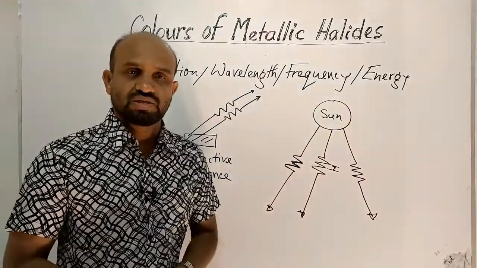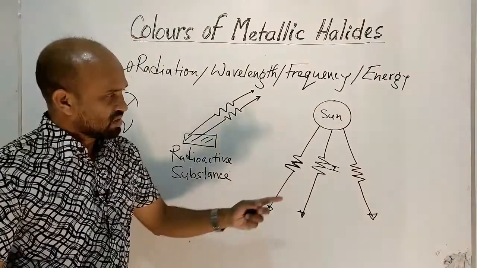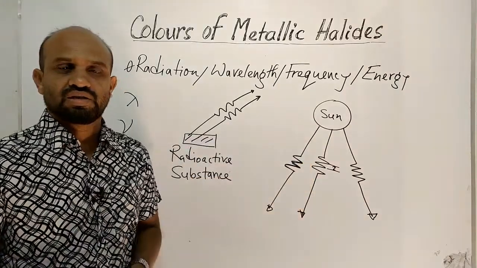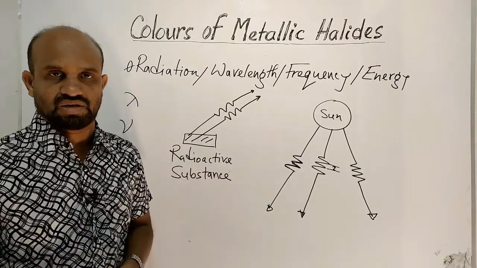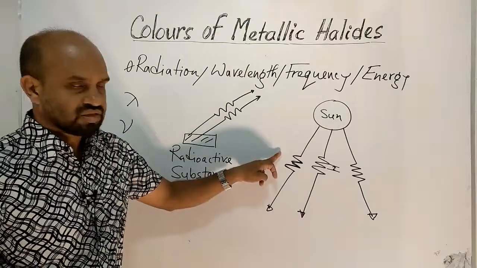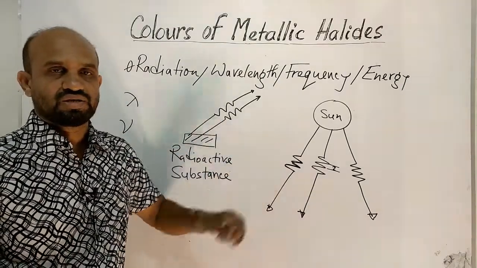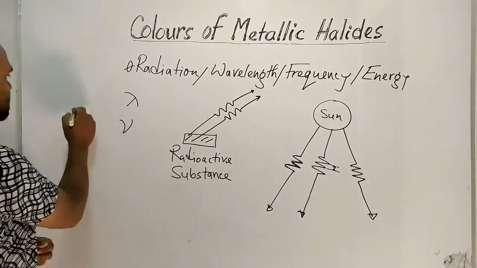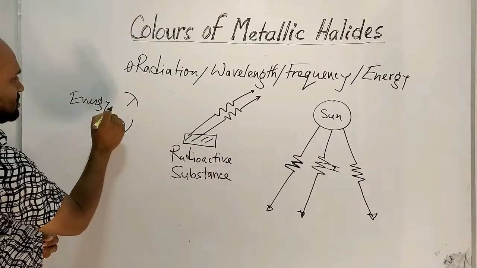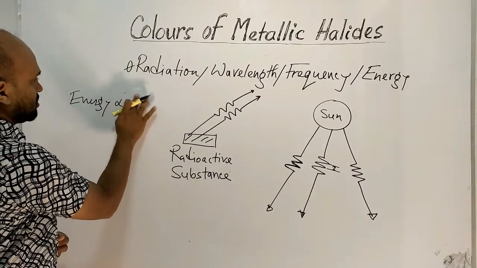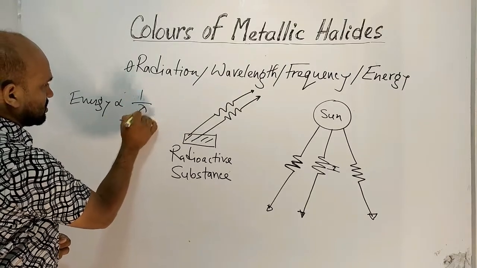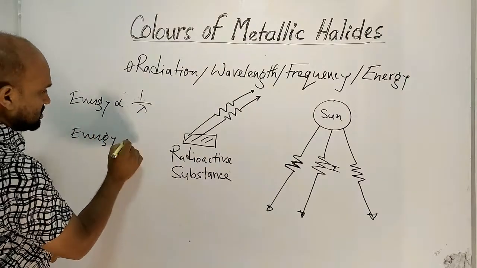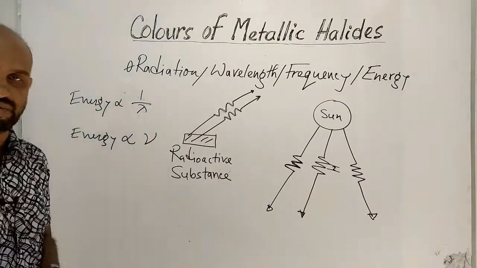Now let's see what is energy of rays. The shorter the wavelength, the energy of the radiation is higher, and the more the frequency, the energy of the radiation is higher. So energy is inversely proportional to the wavelength, and energy is directly proportional to the frequency.